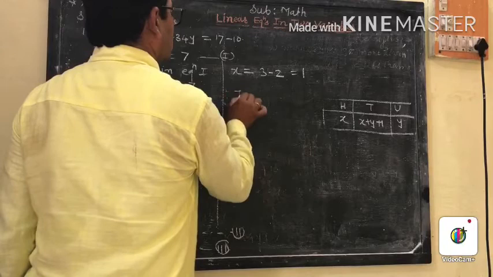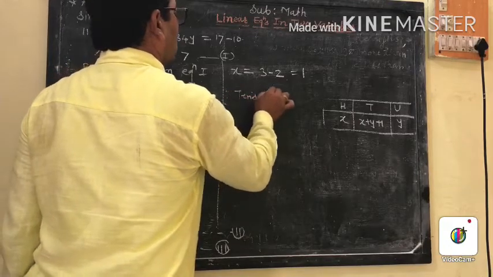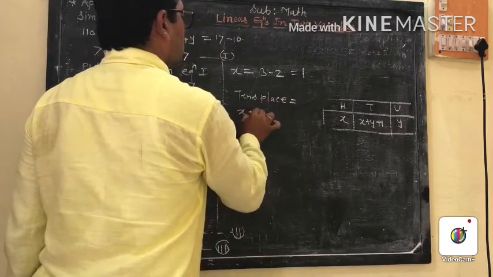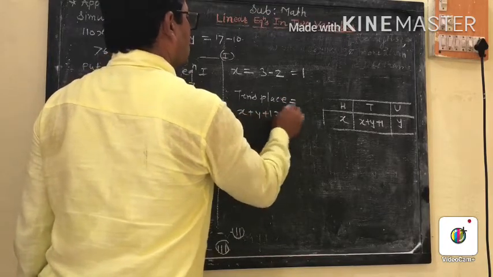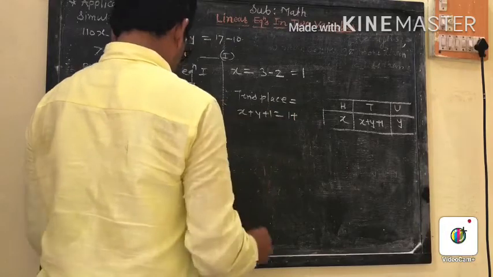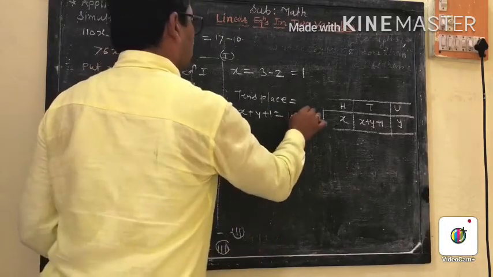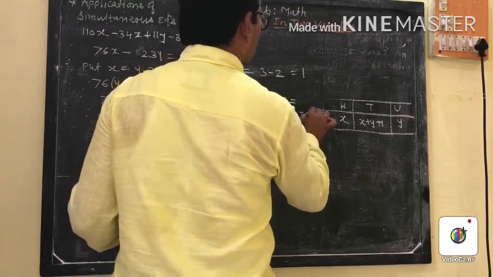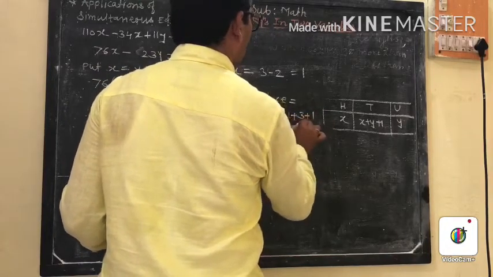Therefore, the 10 place is equal to x plus y plus 1, means x is 1 plus y is 3, which is equal to 5.